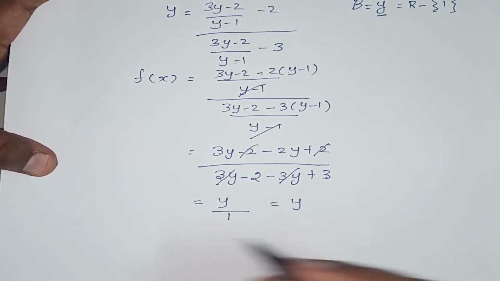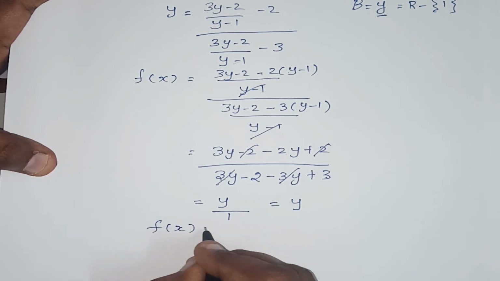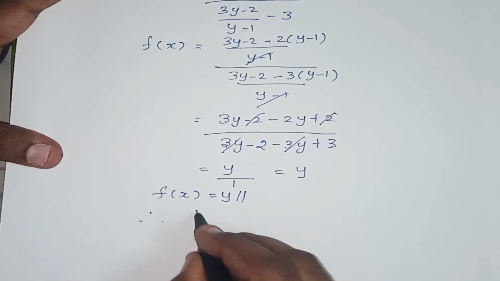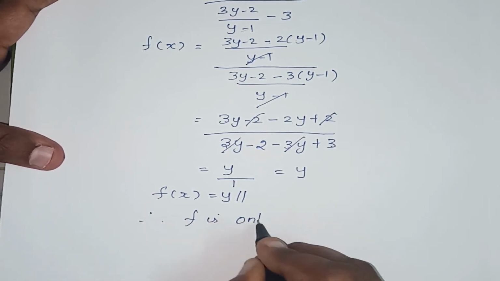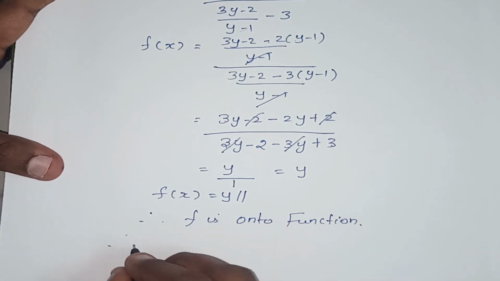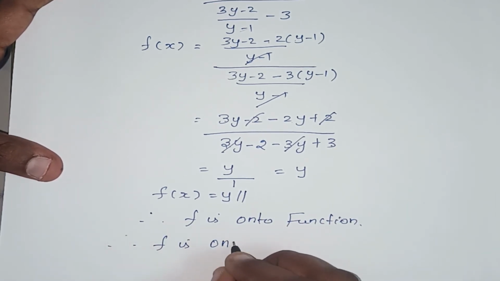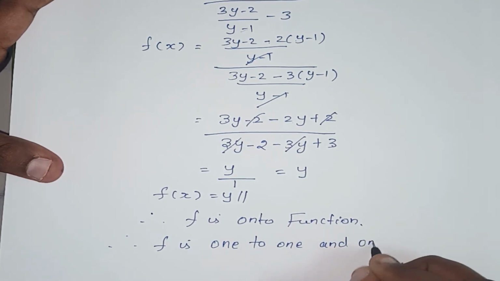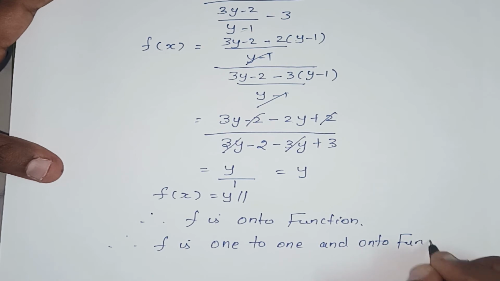So it equals y. We proved that f of x is equal to y. Therefore this function is an onto function. So this given function is one to one and onto.